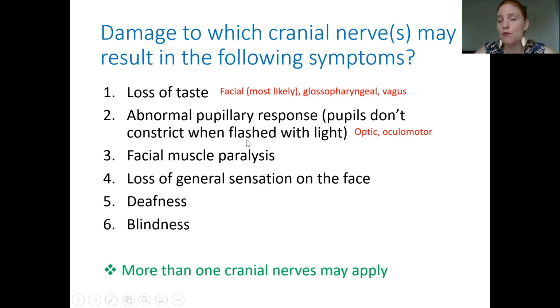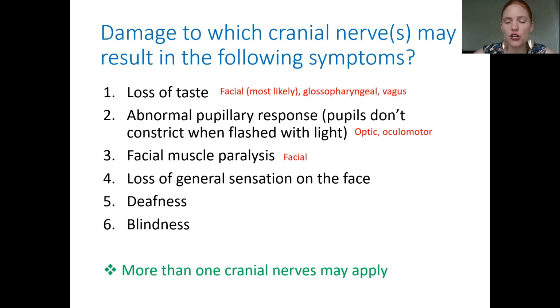Okay, so facial muscle paralysis. Paralysis means it can't move. So we're looking for something that takes motor information to the face muscles and causes facial expression. Starts with an F. That would be the facial nerve. Okay, so what brings general sense of touch and pressure and temperature on the face?